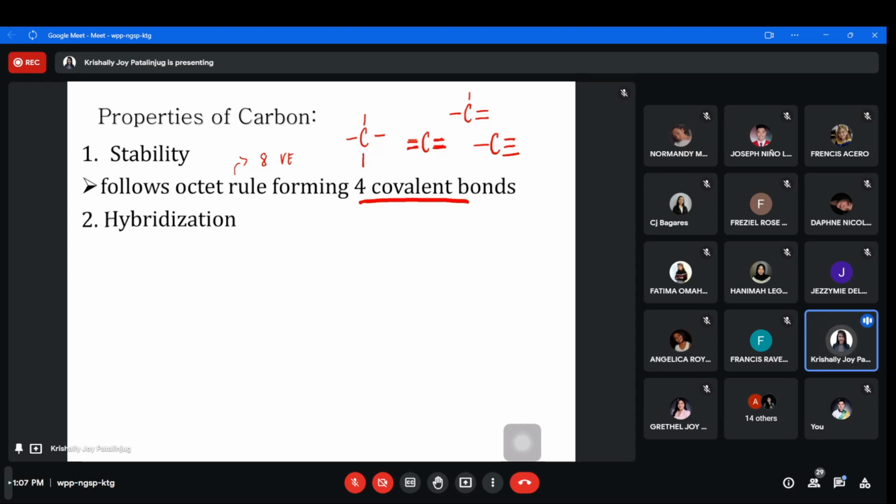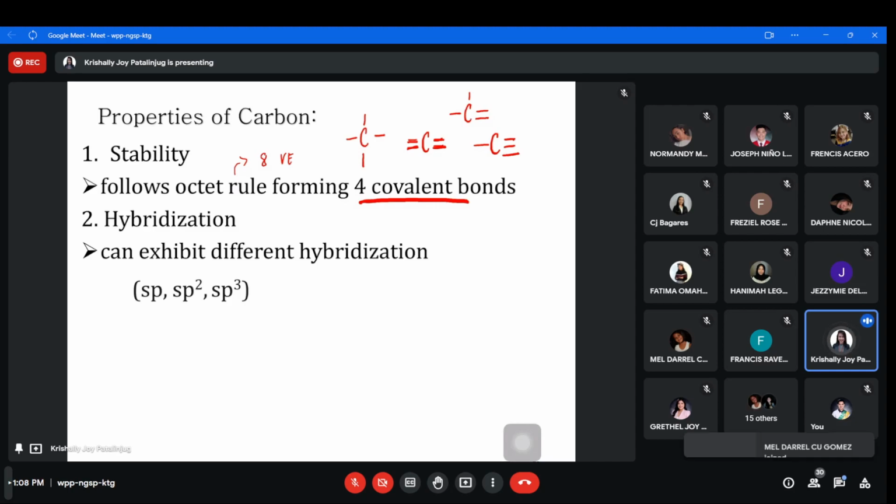But for the carbon atom, class listen, it can only exhibit 3 hybridizations because it only has 4 covalent bonds. So we have sp, sp2, and sp3.